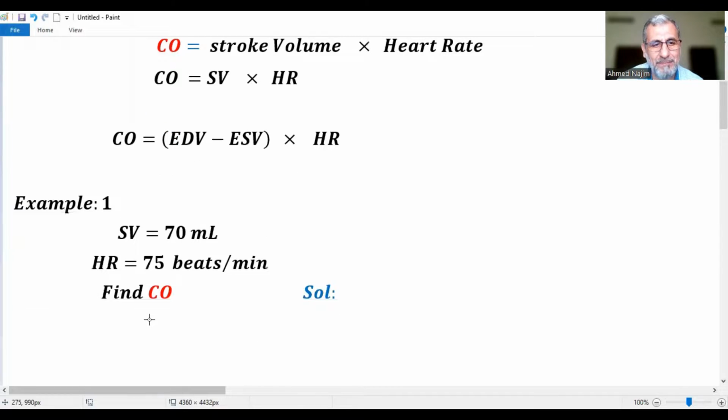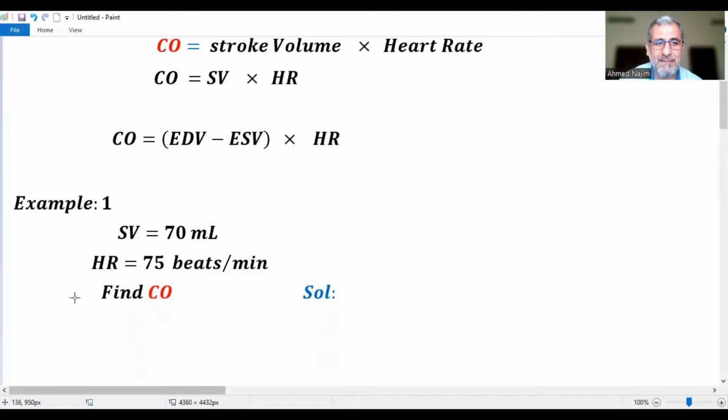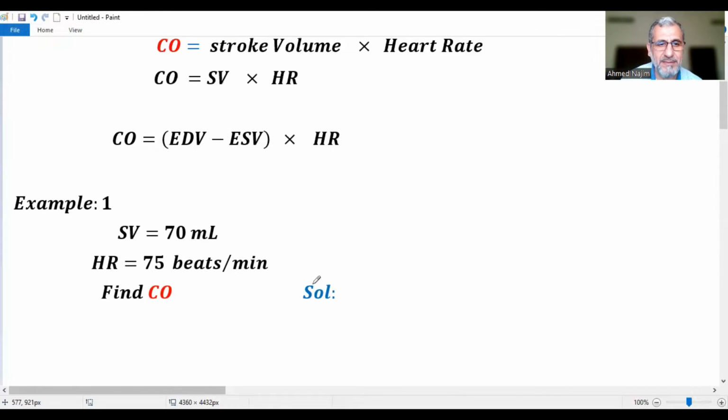Example number one. If the stroke volume is given as 70 ml, and the heart rate is given as 75 beats per minute, how do we find cardiac output?